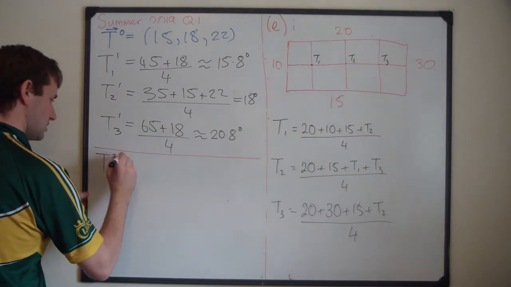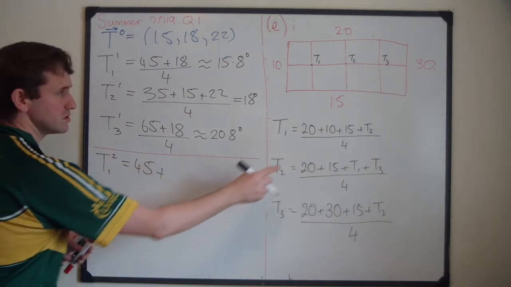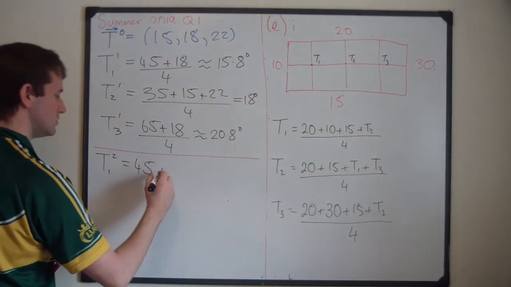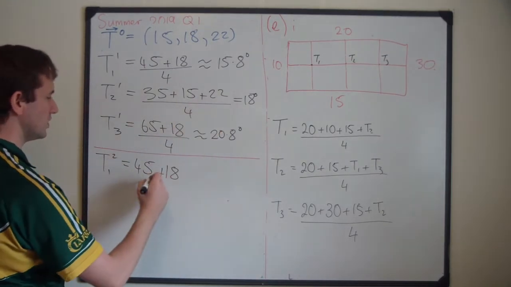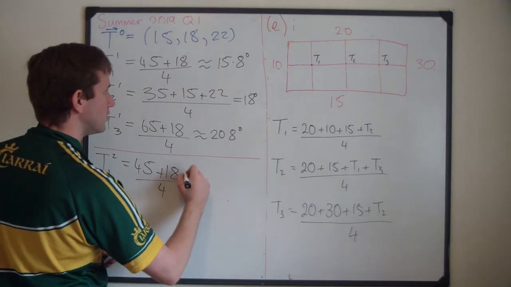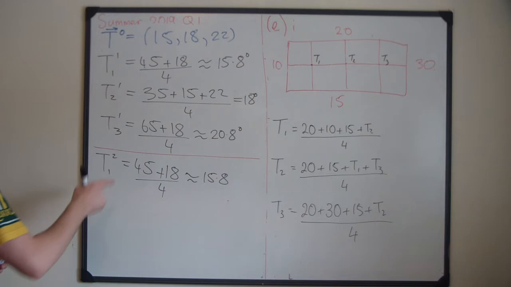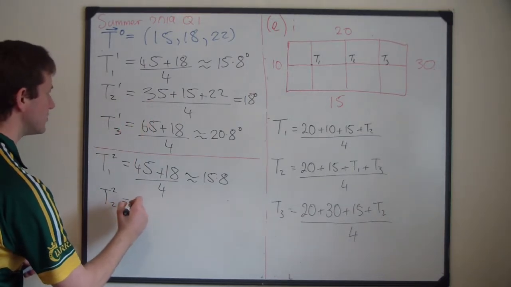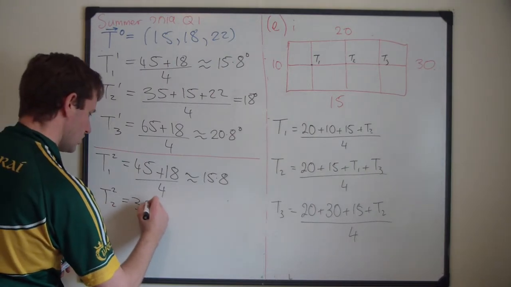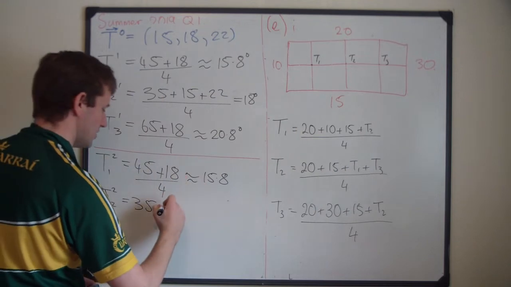So the second iteration to the first temperature is 45 plus, use this, T2, the previous T2 is 18. Oh, I got 18 twice, okay. So I'll get 15.8 again. Then this one, the second iteration, the second temperature is 35 plus previous T1, previous T3, 15.8, 20.8.